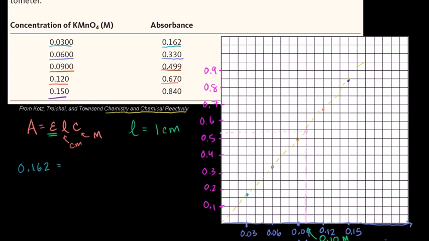That's going to be equal to this constant of proportionality times 1 centimeter. That's how wide the vial was. Times, now what is the concentration? Well, when the absorbance was 0.162, our concentration was 0.03, and actually, I'll write all the significant digits there.